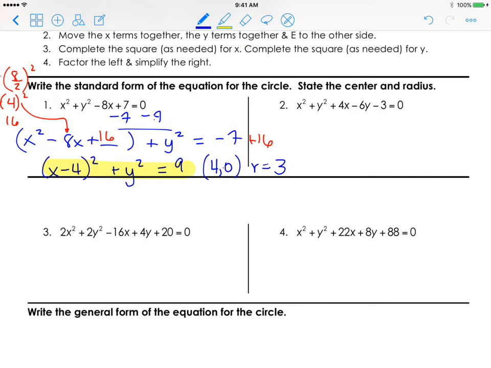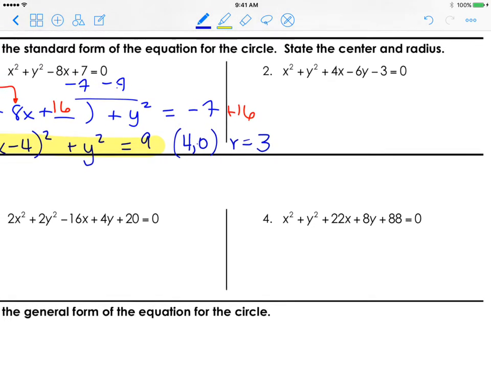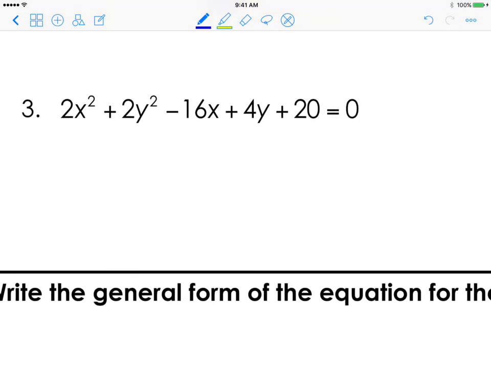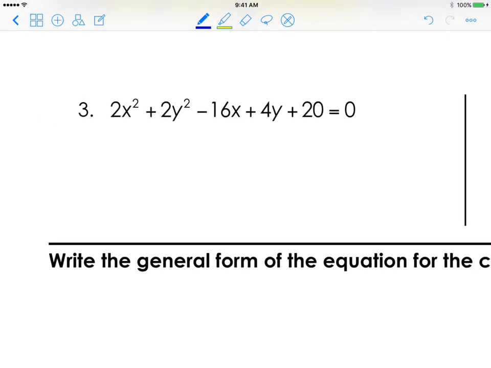Now, let's go down here to number 4. Actually, let's do number 2, because number 2 is a little funky. Remember, I cannot complete the square when I've got a coefficient. And this time I've got a double coefficient. So I've got a 2 in front of each one.